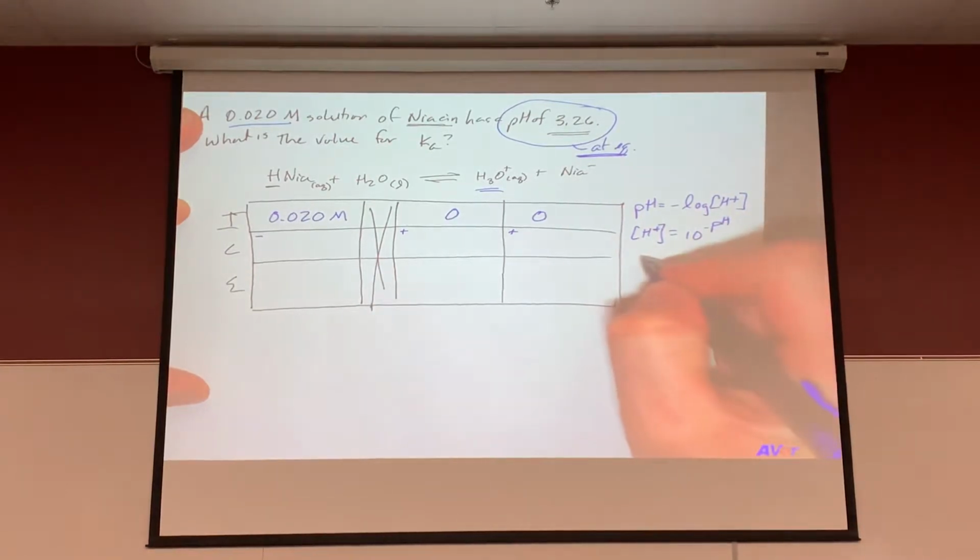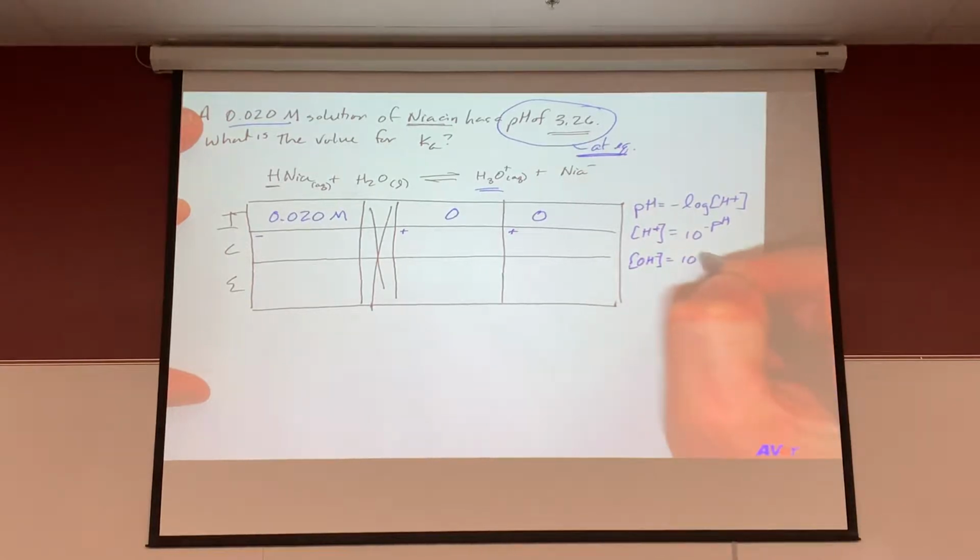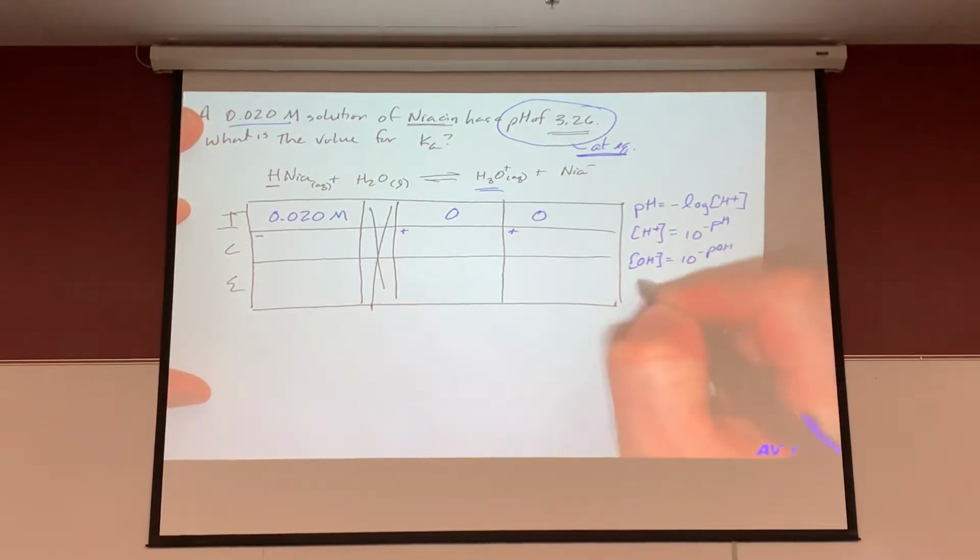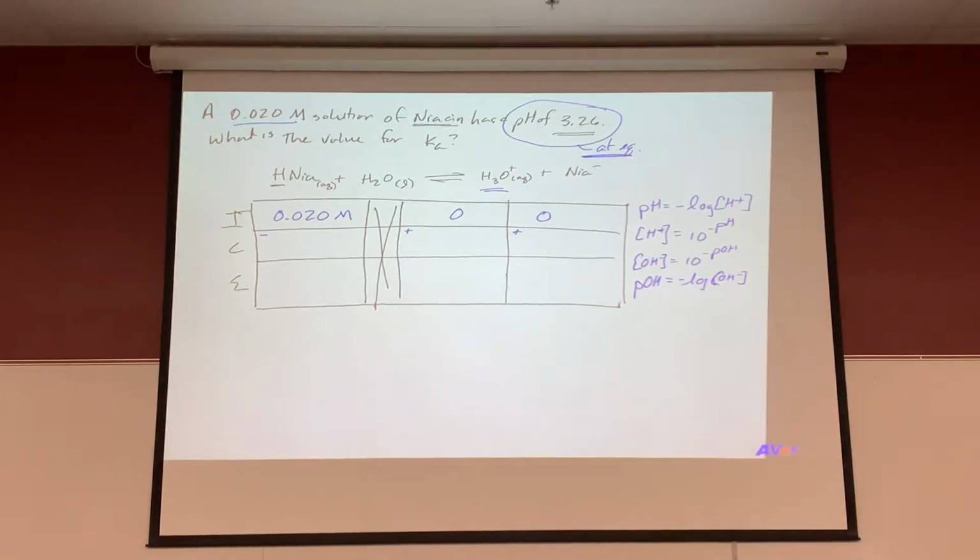You can also say concentration of OH. And there are some other ones that you can use, but for this particular question, that's an okay list of equations. So the next question, what do you do with it?